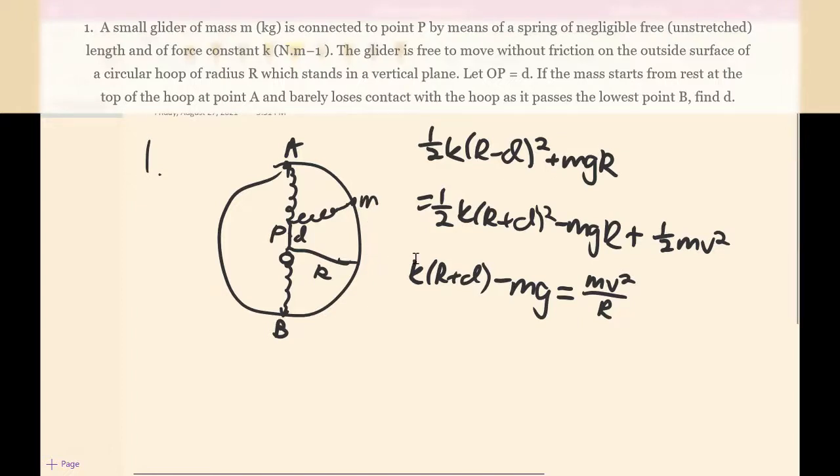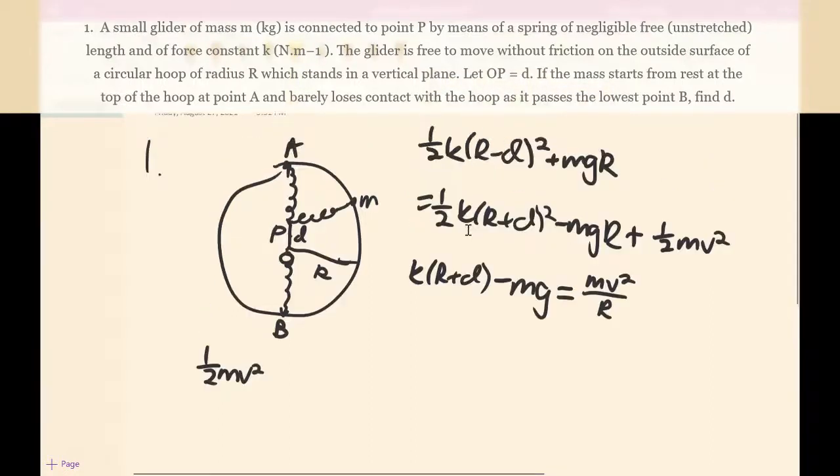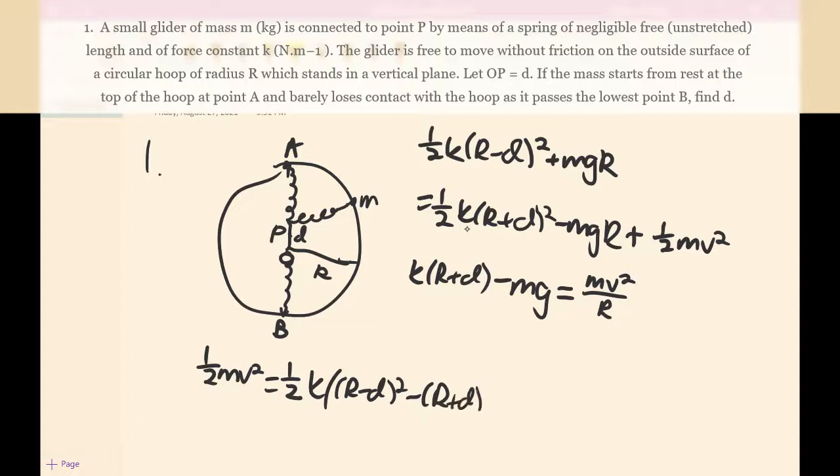Okay, so now we can just solve these two equations. From the first equation, we get that 1/2 mv squared is equal to 1/2 K times ((R minus D) squared minus (R plus D) squared), then plus 2 mgR.